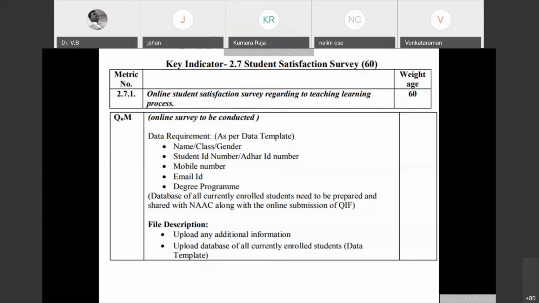The main reason for NAAC collecting these details is that they would be sending emails to all these present students. Remember, it is the currently enrolled students. It is the data of the students who are inside the campus in this academic year in which you are applying. So when we say student, it means students inside my campus at the time of applying.